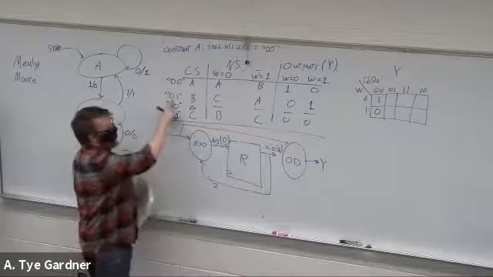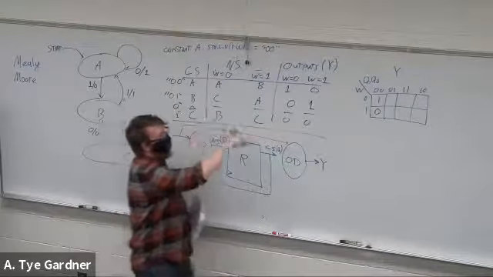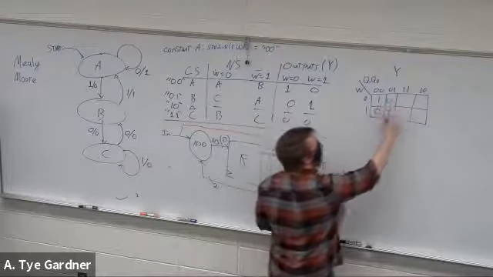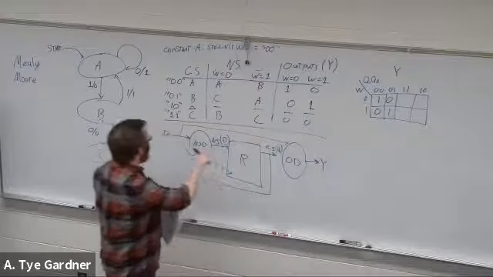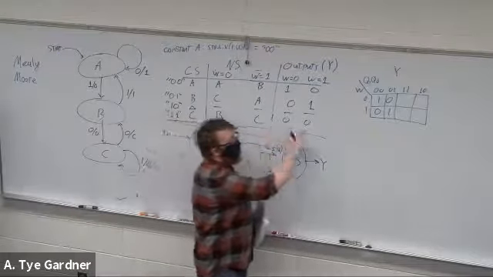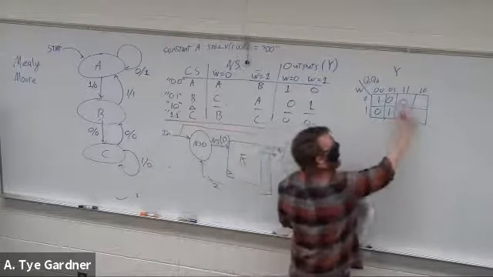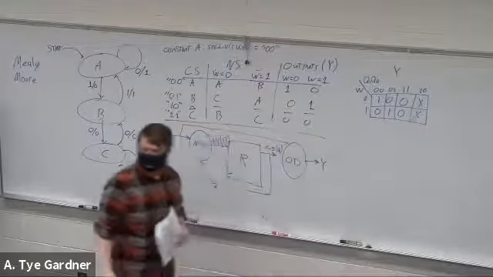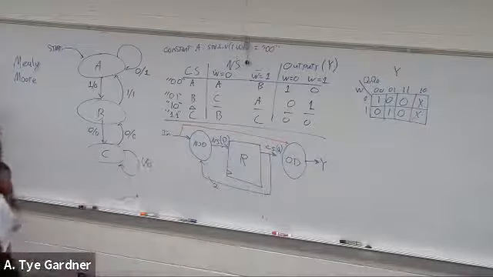In state B, 0, 1, I get 0, 1. In the case of 1, 1, both are 0. And the other state is I don't care. I should never be in that state.